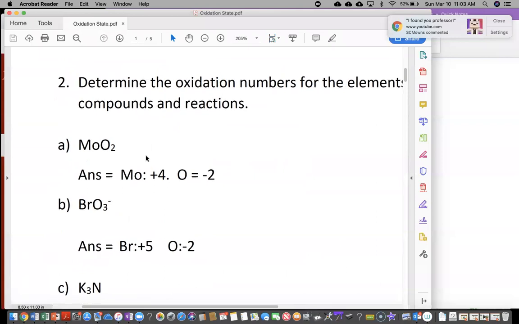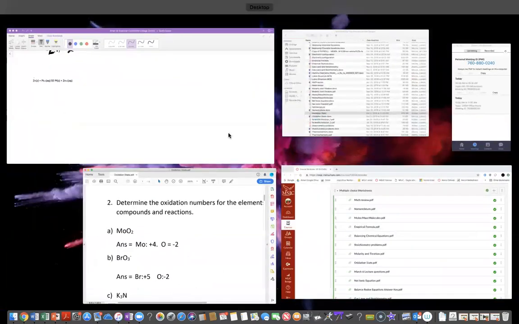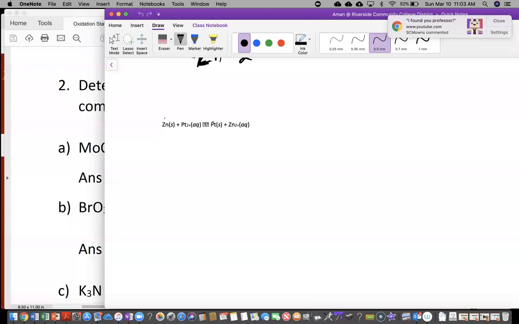So you can do this one, like MoO2. And you're going to tell me the charge of Mo and O. Can you guys solve that?